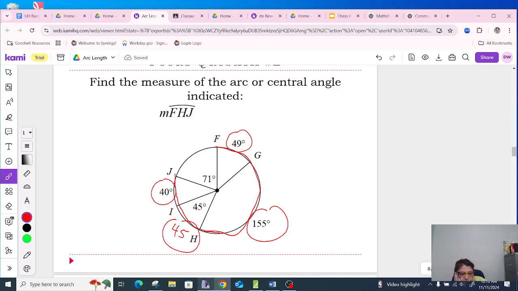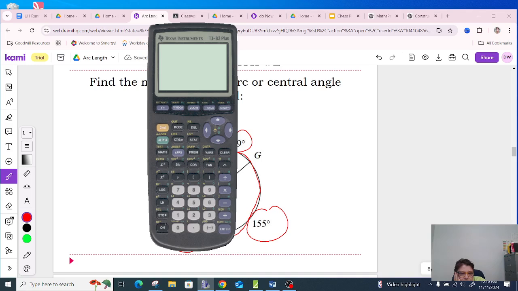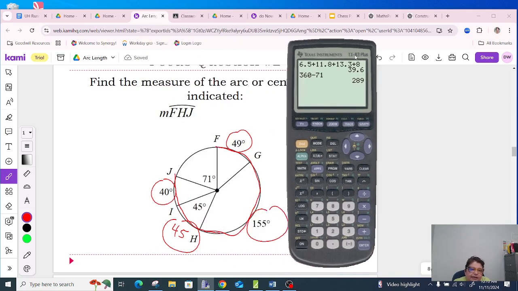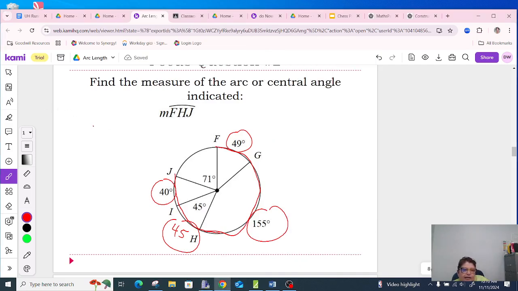So what's my answer? 360 minus 71 is 289. Or you could add them all together, as long as whoever made this PowerPoint made sure it would all work out.